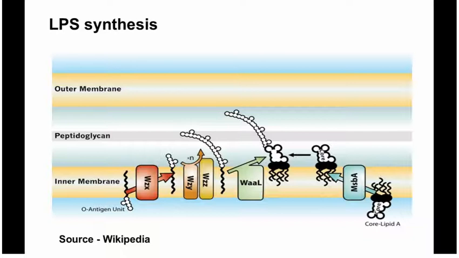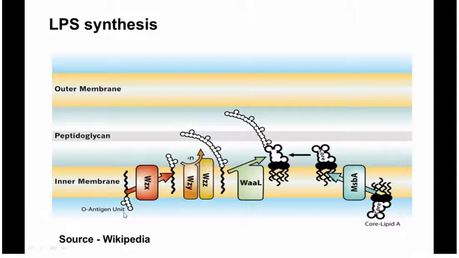So it's the same problem, and bacteria are going to use the same solution to synthesize this polymer. So on the one hand, you've got synthesis of the core oligosaccharide, which is synthesized on lipid on the cytoplasmic face of the plasma membrane. And the whole thing is flipped over into the periplasm.